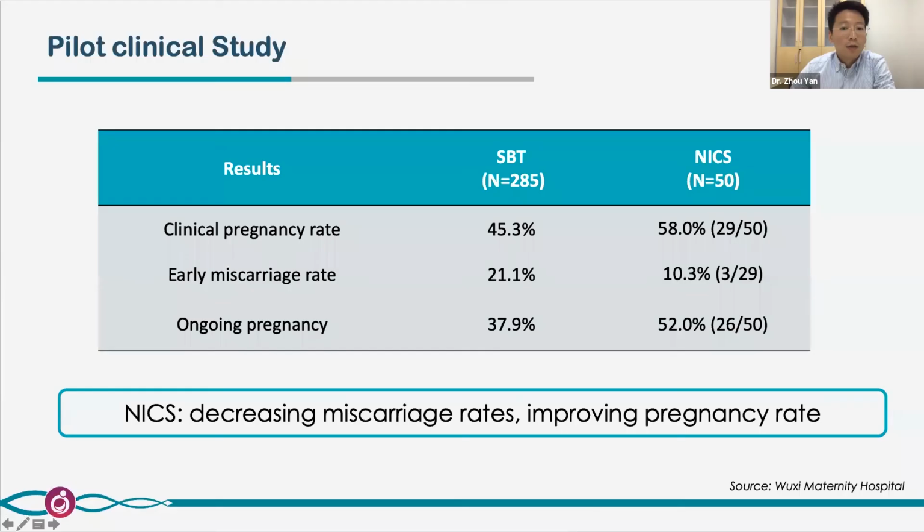And in comparison to the internal data of single blastocyst transplantation versus the NICSI result, you do see a significantly increased clinical pregnancy rate from 45.3% to 58%, and also a halved early miscarriage rate compared to the SBT group, and also a much higher ongoing pregnancy rate, 52% versus 38%.